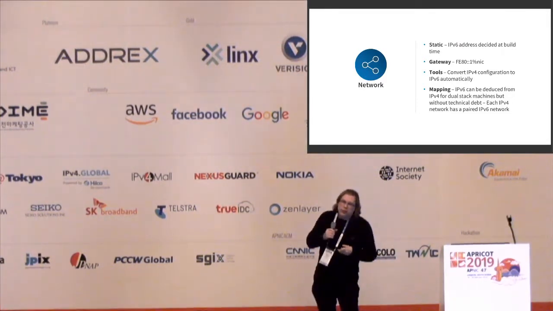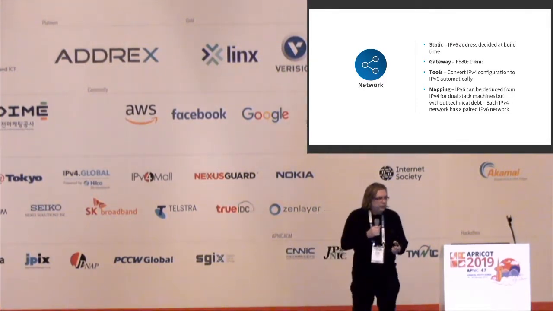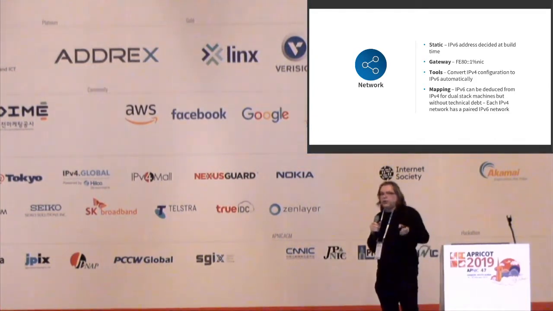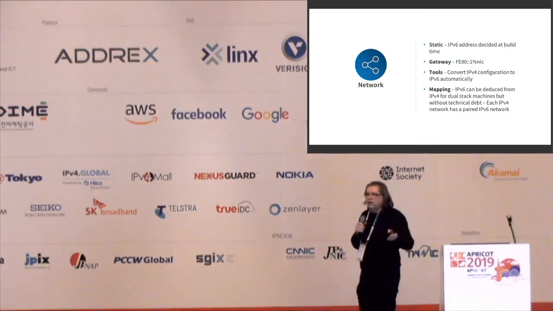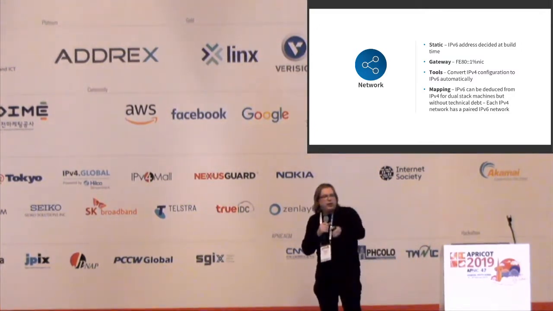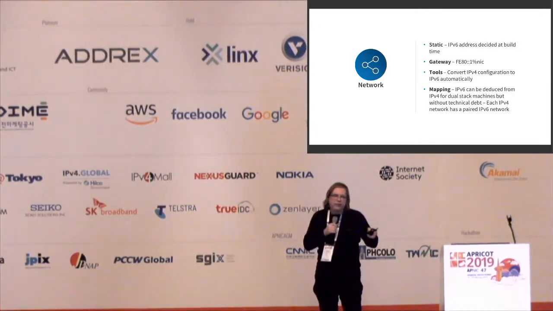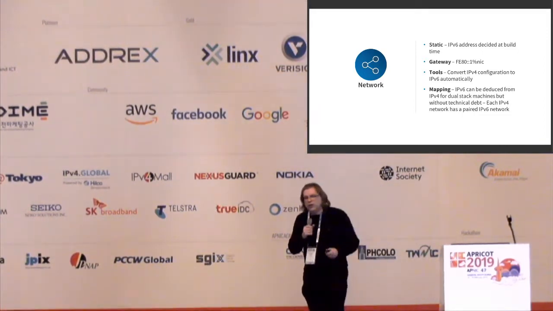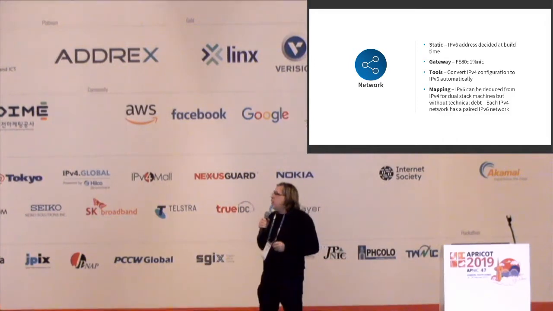We have a piece of software that tells us that for this IPv4 network, the equivalent IPv6 network is this one, and vice versa. And then usually we use the last byte of the IPv4 address as the last byte of the IPv6 address.